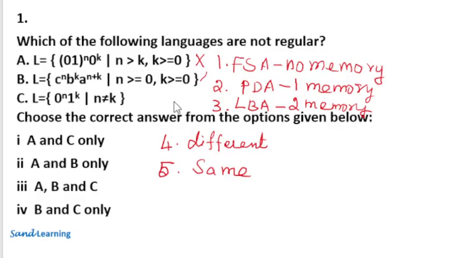So the powers are different, but we need one memory element to check whether n is not equal to k. So this is not a regular language. The answer for this question is A, B and C. These three languages are not regular languages.